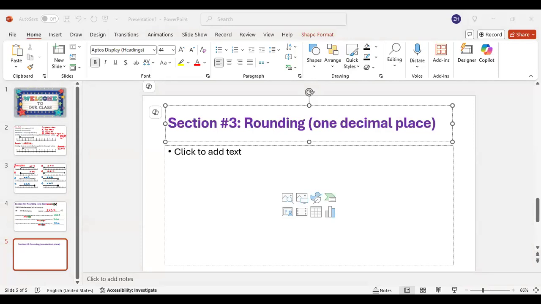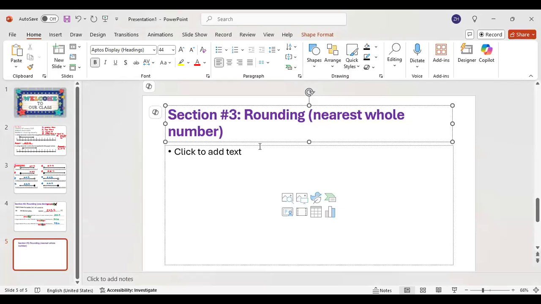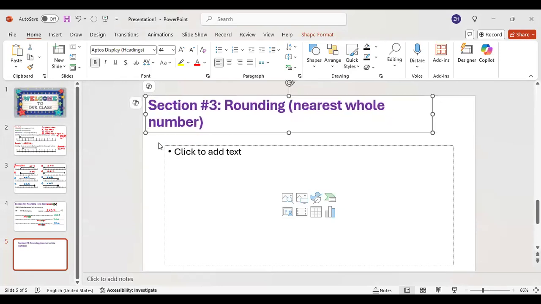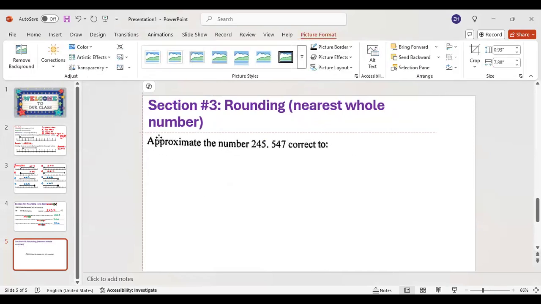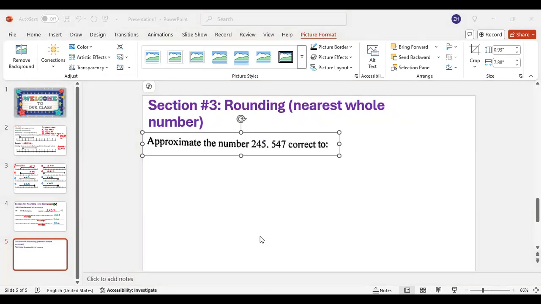All right, so what we're gonna do is we're gonna take the same number, the first one, and section 3 is gonna be rounding just to the nearest whole number. So section 3. So we're gonna approximate 24.54, correct to the nearest whole number.